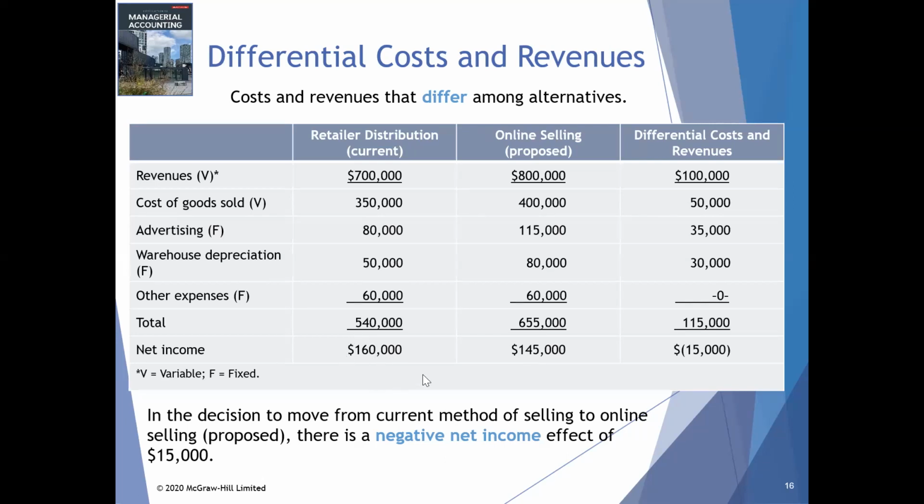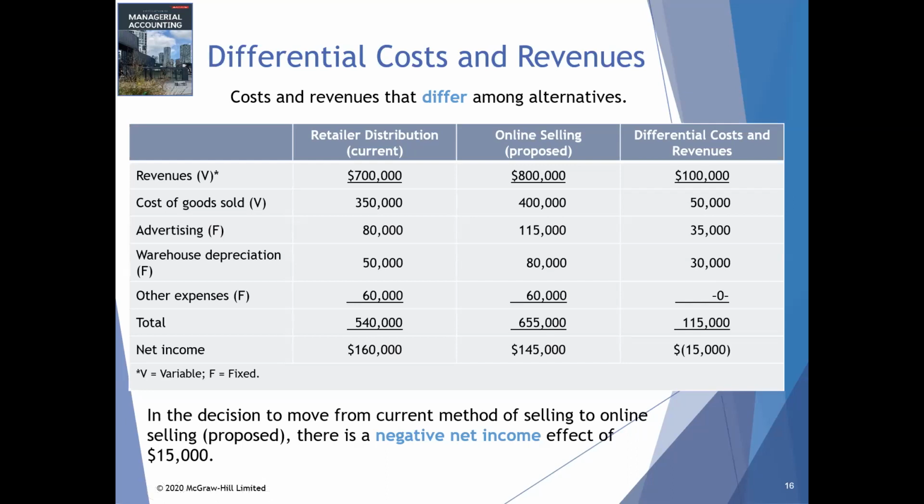So currently, with the practices they are doing in retail distribution instead of online, they are earning $15,000 more, right? If they choose the proposed one, there will be a $15,000 loss. So in the decision to move from the current method to the online selling method, there is a negative net income effect of $15,000.